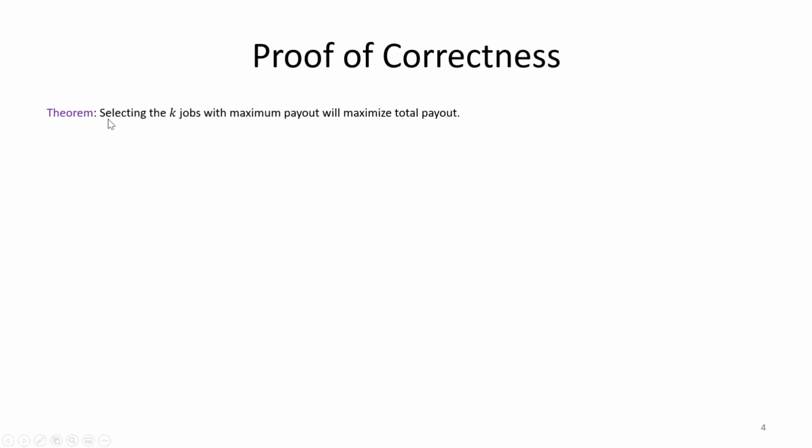And so it's usually worthwhile to cash that out a little bit and then explain what you mean. What is our algorithm? Our algorithm is selecting the k jobs with maximum payout. And then what does it do for us? It's correct, but what does that mean? That means it maximizes the total payout. And this also spells out what we're trying to prove, and our audience who's reading, so that they're not surprised by what we're going to do.